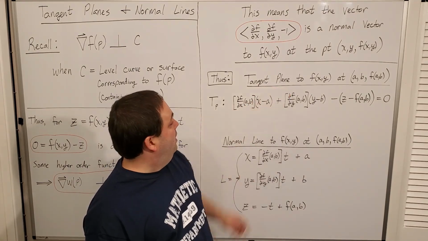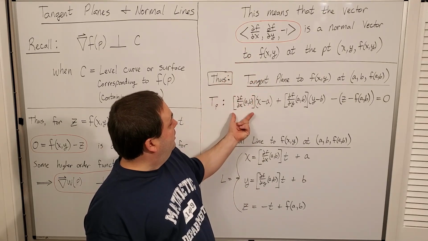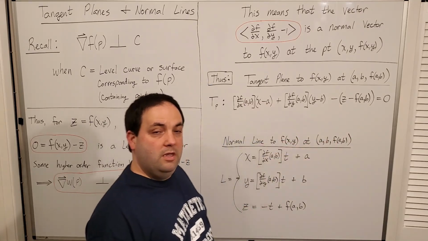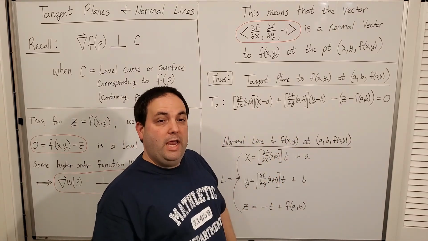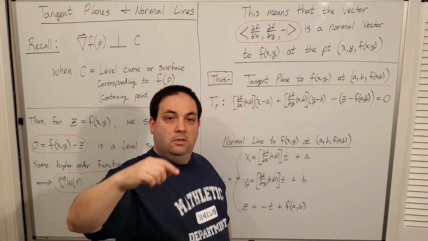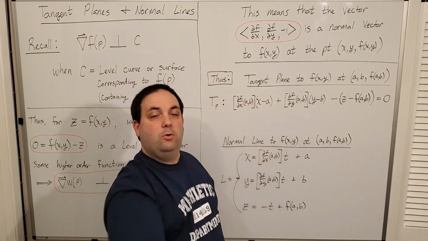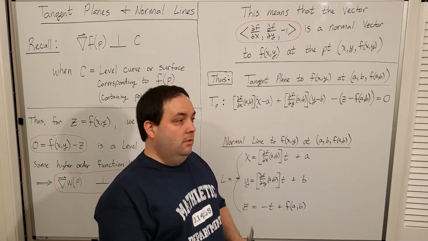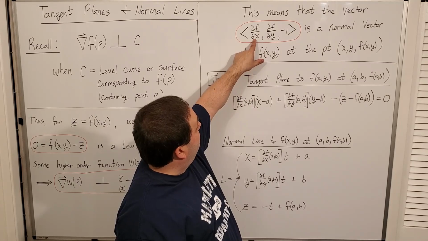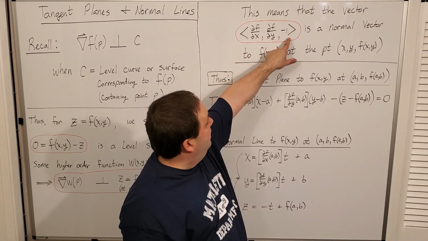So what do I do? I use the components of that vector as my coefficients for the equation of a plane. Remember, a(x minus x naught) plus b(y minus y naught) plus c(z minus z naught) equals 0. My a, b, and c are the components here: the partial with respect to x, the partial with respect to y, and -1.